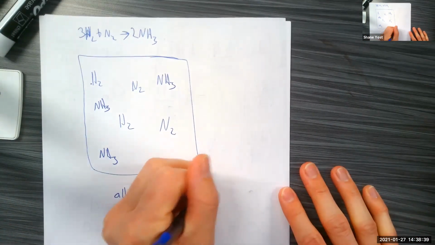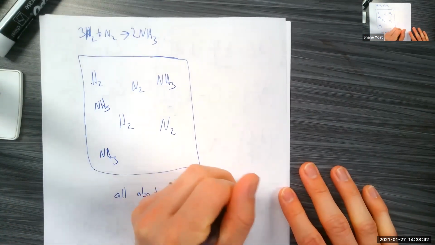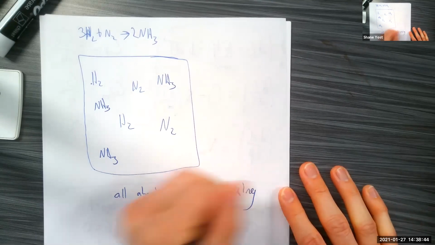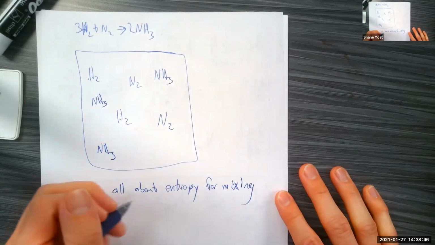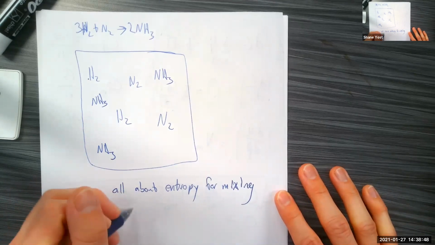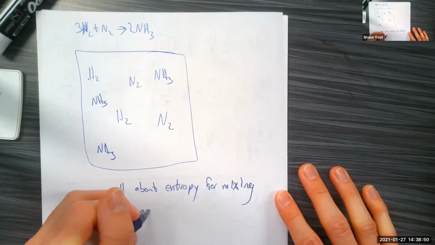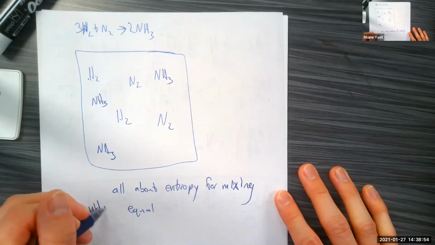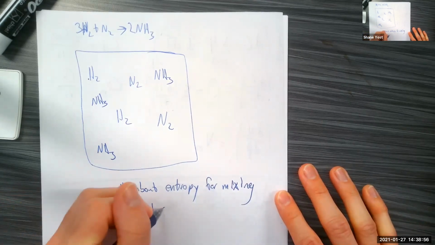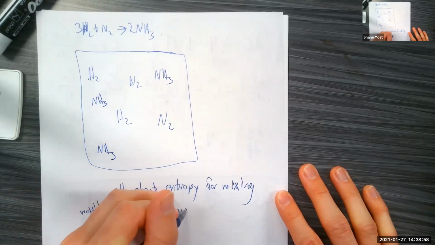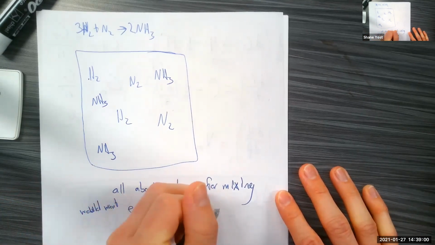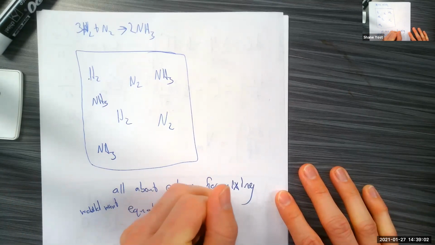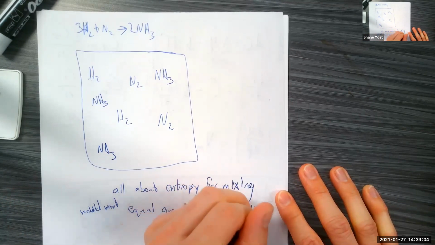If all we cared about was the entropy of mixing these together, I'd want an equal amount of H2, N2, and NH3.